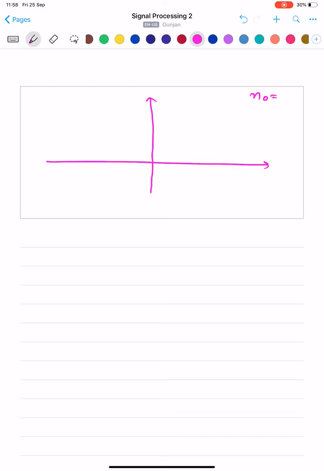When n naught is negative, so n naught will be somewhere here.